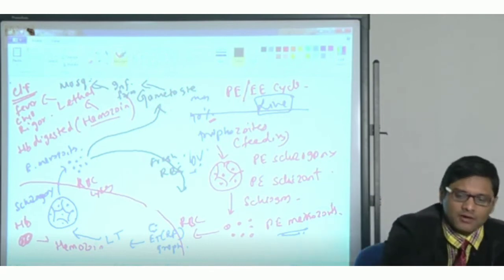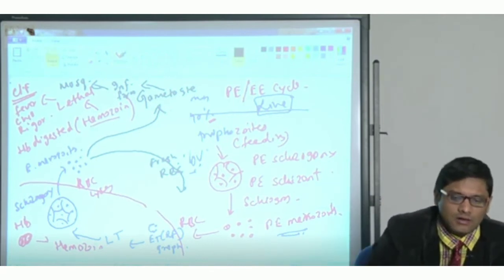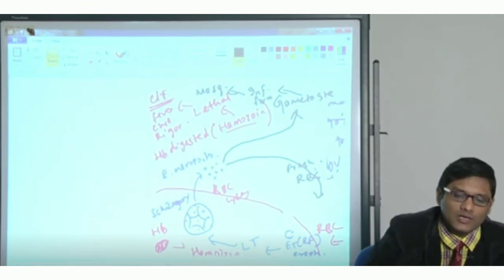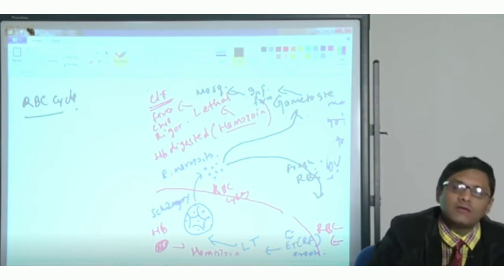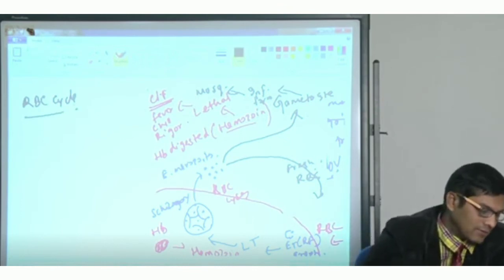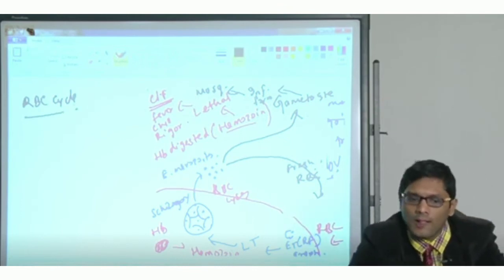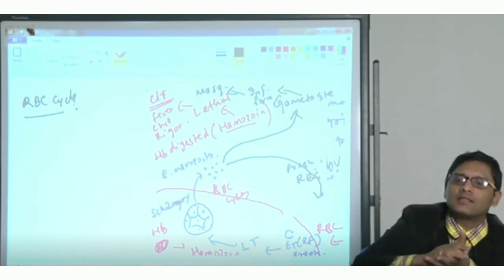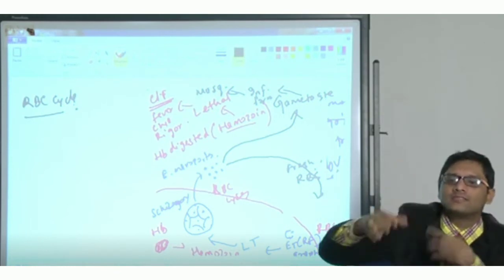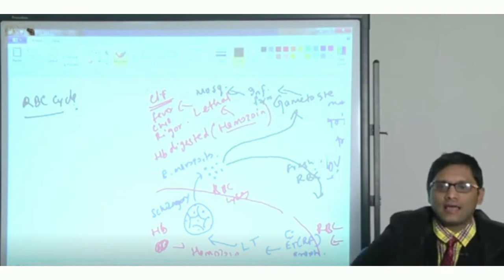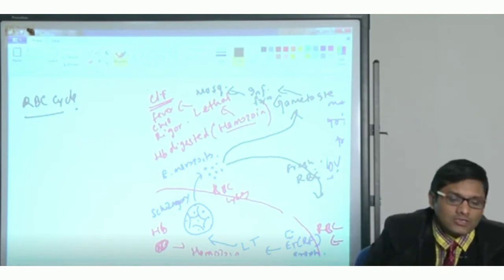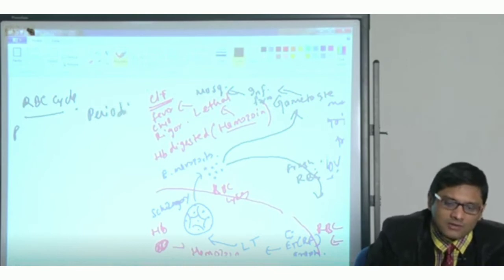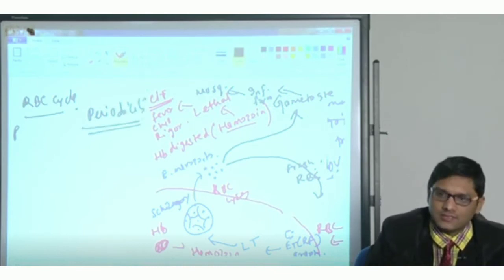Please remember, in this context, the RBC cycle duration is very important for the manifestation to take place. At the end of the RBC cycle, the hemozoin pigments are released, hence the manifestations appear. So the duration of the RBC cycle is important for the periodicity of the manifestation.